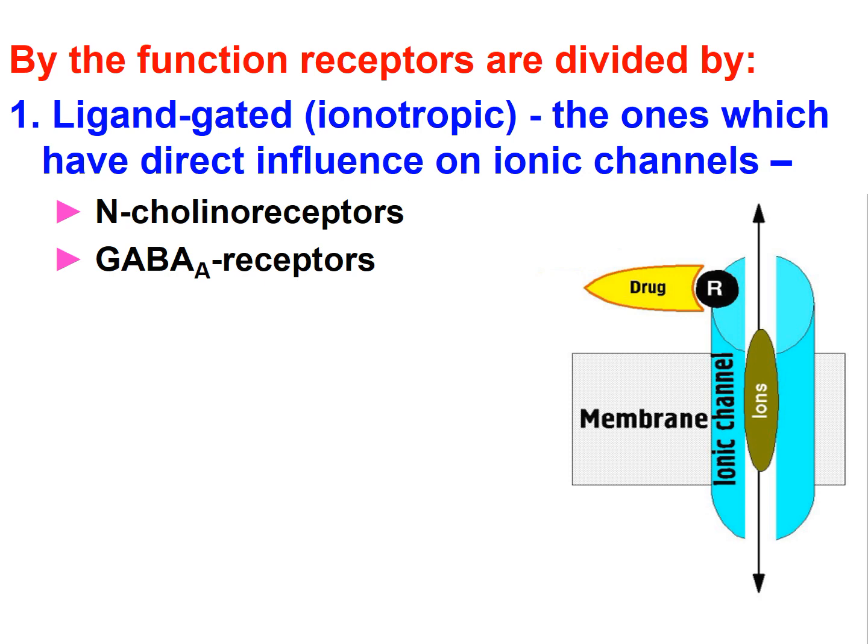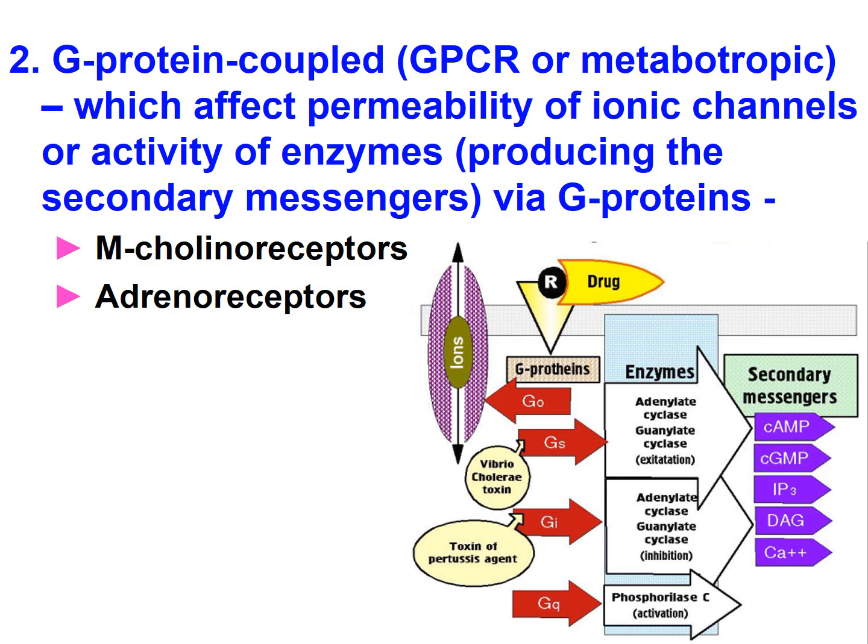through this channel. The second type of receptors is so-called GPCR, or G-protein coupled receptors. They may affect either permeability of ionic channels or activity of different enzymes through specific G proteins.